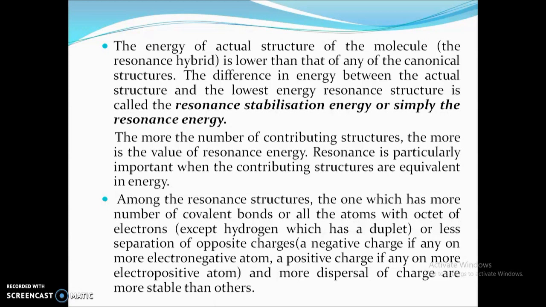Among resonance structures, the one which has more number of covalent bonds, or in other case, when all the atoms have the octet of electrons, or in other case, less separation of opposite charge, or in other case, more dispersal of negative charge, then that type of structure will be relatively more stable, and the more stable form will contribute more to the resonance hybrid.